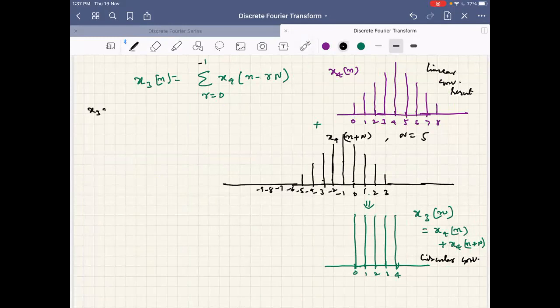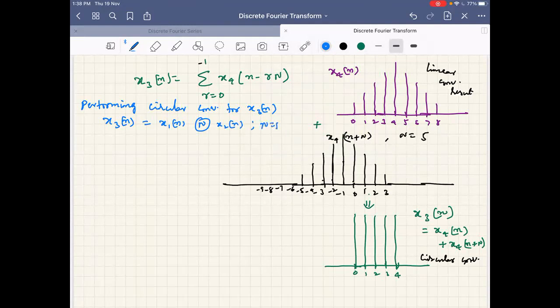Let us perform circular convolution for x3 of n, that is x3 of n equal to x1 of n, 5-point circular convolution with x2 of n, n equal to 5. And you also know the samples.